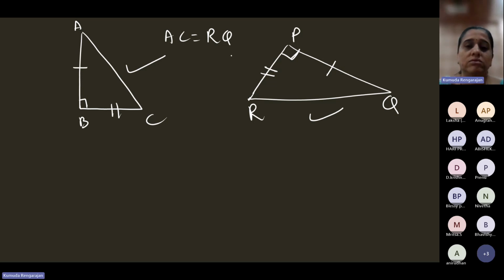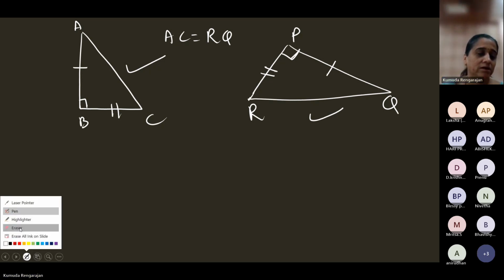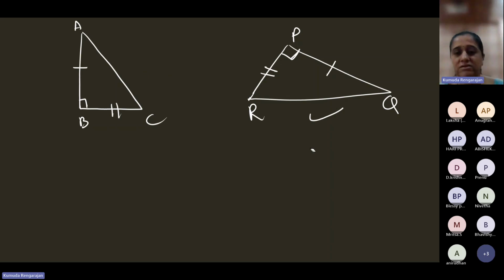When it's not given that the hypotenuse of the first triangle is equal to the hypotenuse of the second triangle, you cannot use RHS, because RHS is right angle, hypotenuse and side. So you cannot use RHS, though the two triangles are right triangles. You want to use RHS, but you cannot because hypotenuse equality is not given.